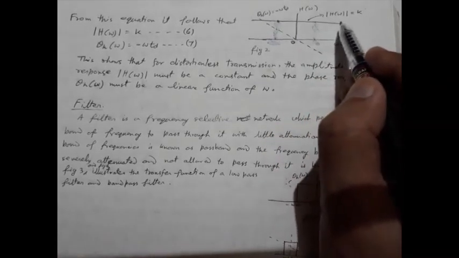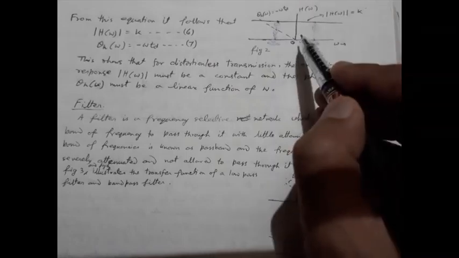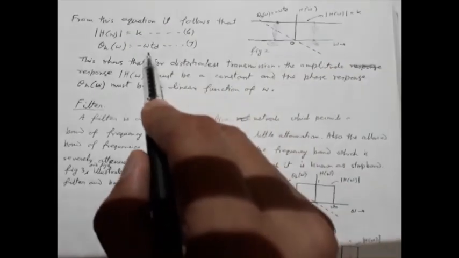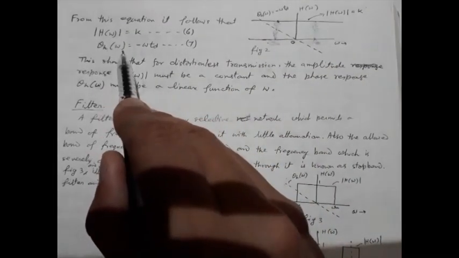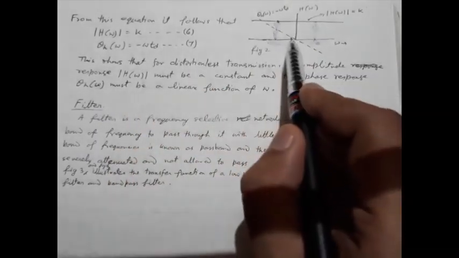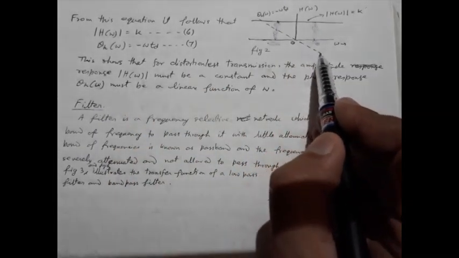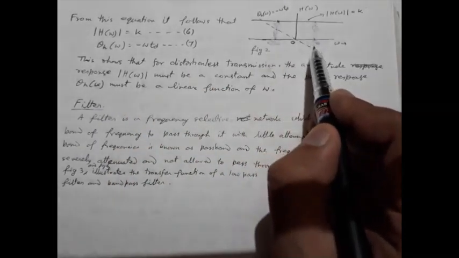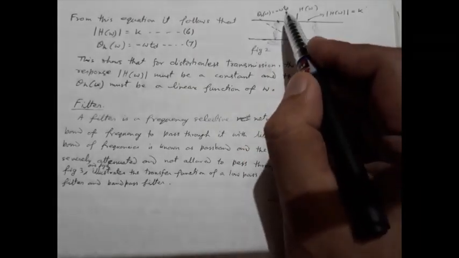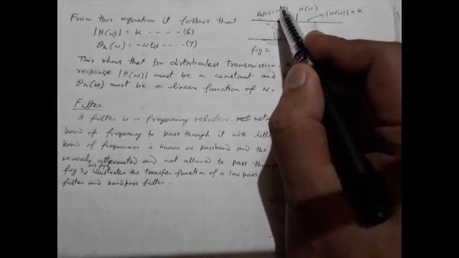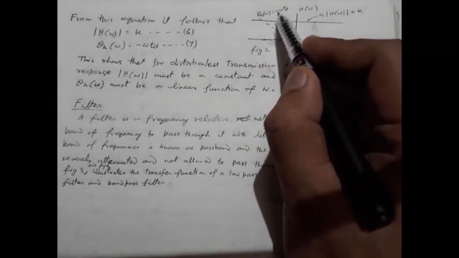This solid horizontal line is the magnitude response, and if we plot theta of H(omega), the phase part, it will be this dotted line, which is proportional to minus omega.